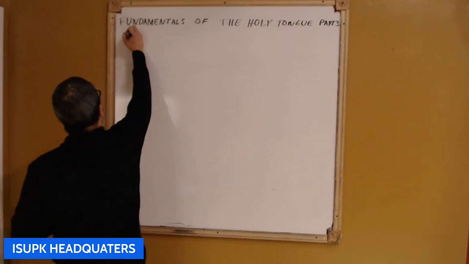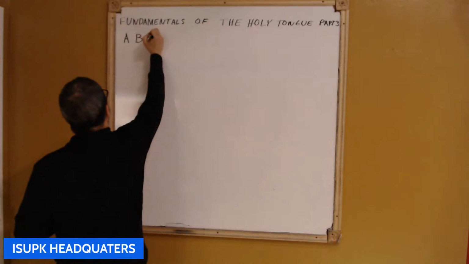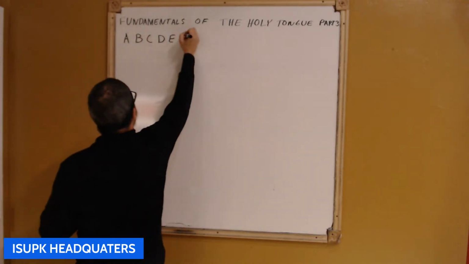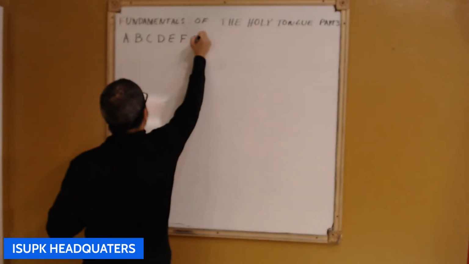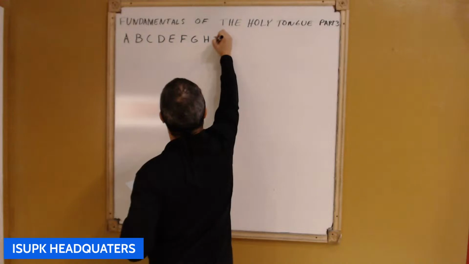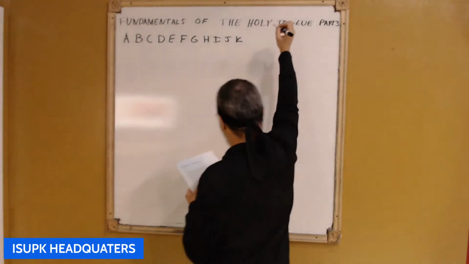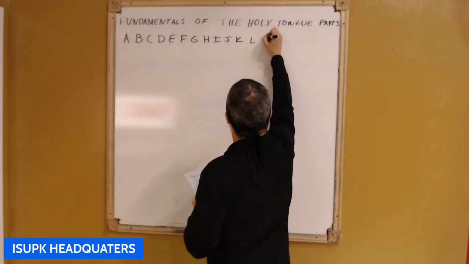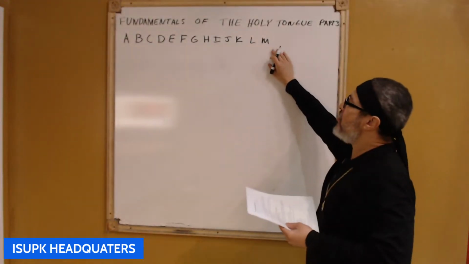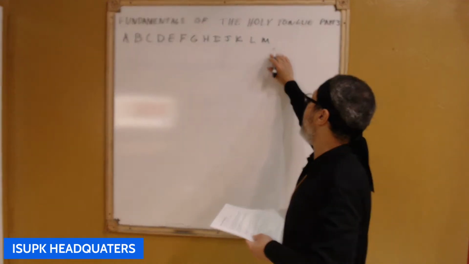Starting with the letters in English: A, B, C, D, E, F, G, H, I, J, K, L, M. I'm stopping here to show you that there's a total of 26 letters in the English alphabet.